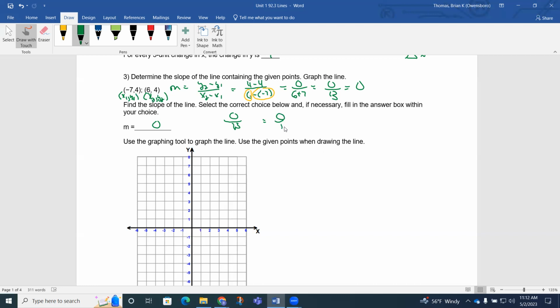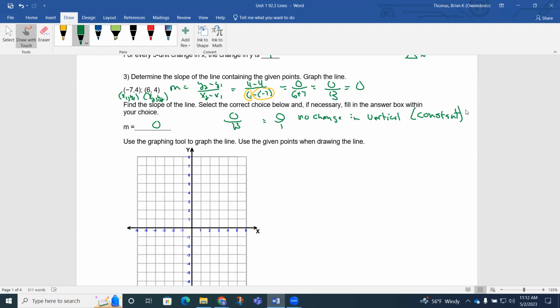So you also could say for every change of one in the x, the y does not change, it remains constant. So if there's no change in the y, that means there's no vertical change at all. If there's no change, we describe that as a constant, something that doesn't change.